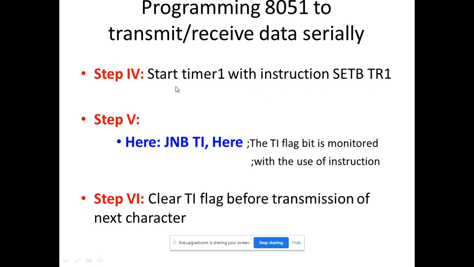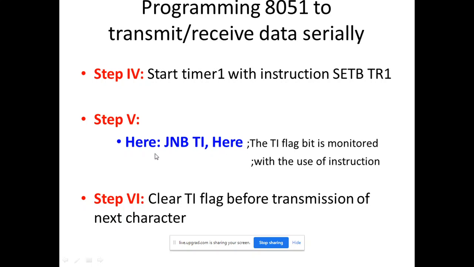Then the next step, the fifth step: we want to transmit something, and that's why we want to check the TI bit. The TI bit is available in the SCON register. Out of the SCON register I am interested only in the TI bit, whether it becomes 1 or not. Suppose the TI bit is 0, then JNB jumps to this target.